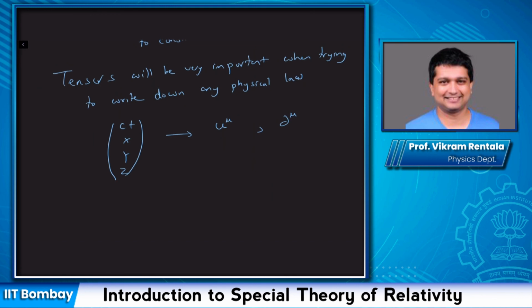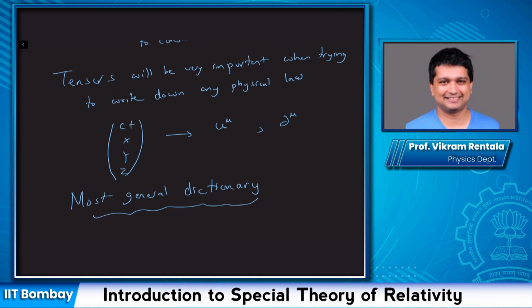Okay, so what we have found in this class is the most general dictionary. And this most general dictionary just requires us to identify what the tensors are when we talk about physical quantities, and that will automatically tell us how they transform from one observer to another.